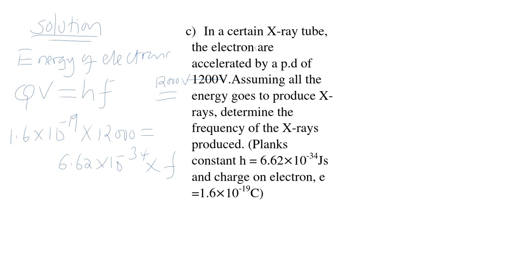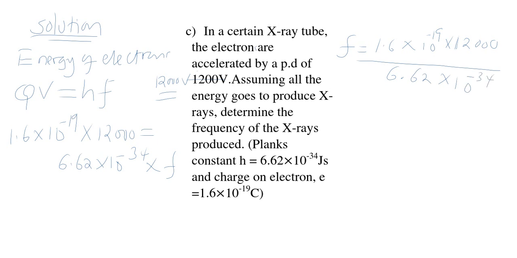So in this case, we are going to divide both sides by Planck's constant. When you divide both sides by Planck's constant, we will have f equals 1.6 times 10 power negative 19 times 12,000 divided by Planck's constant 6.62 times 10 power negative 34.